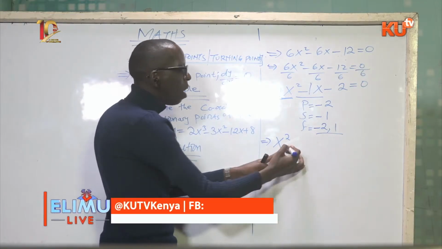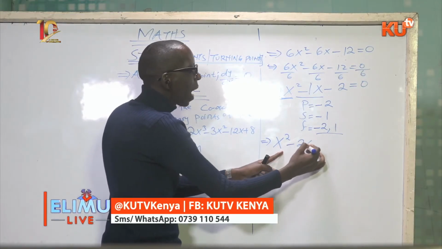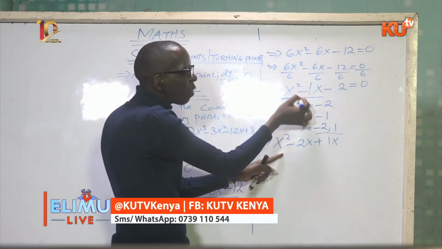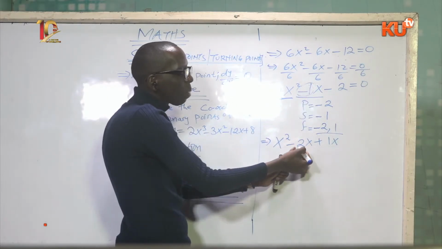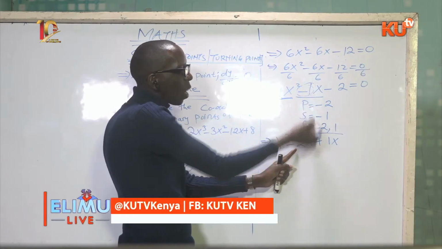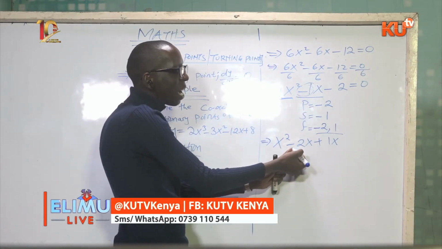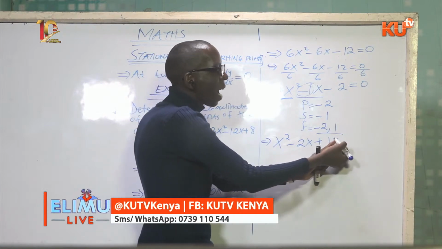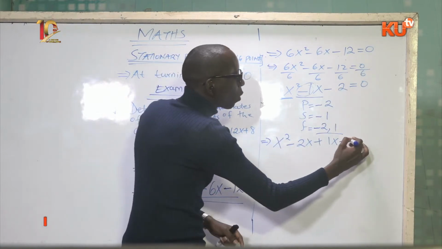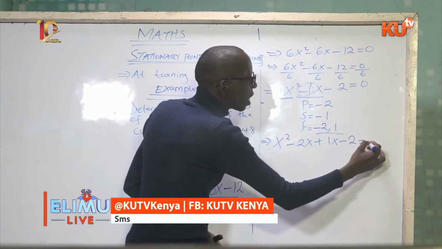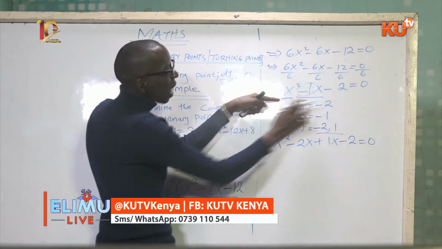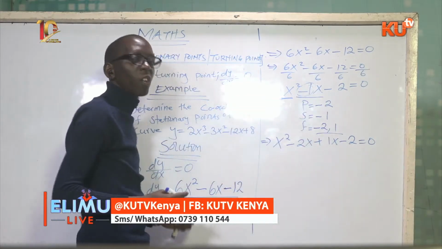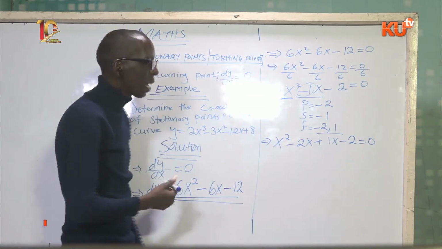So it will be negative 2x plus 1x. Then the last one will remain as negative 2 is equal to 0. So the first and the last remain, but the middle one we replace with negative 2x plus 1x.